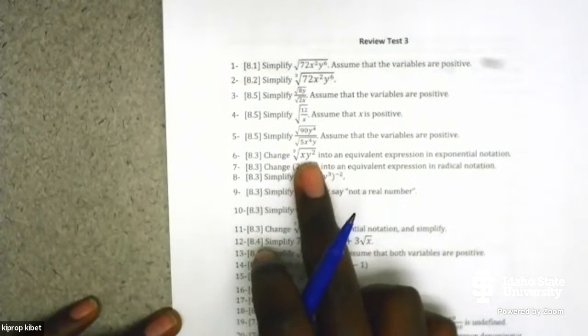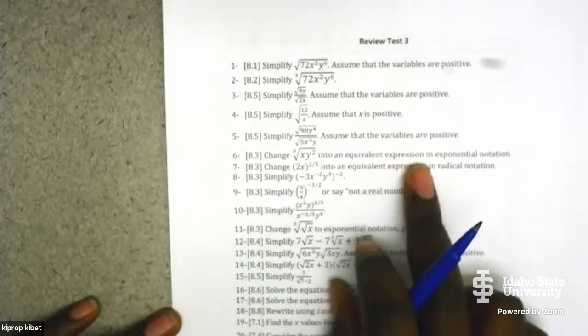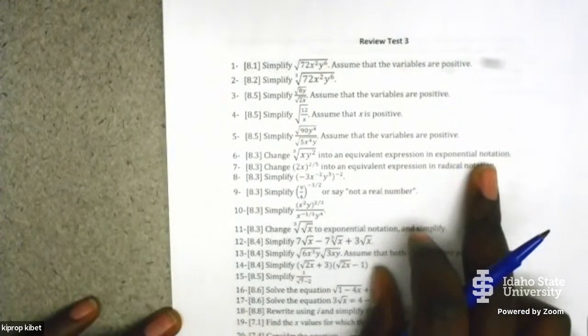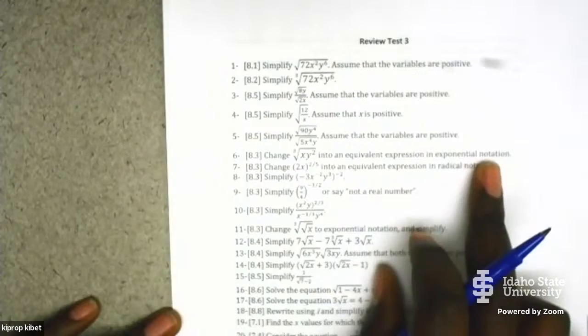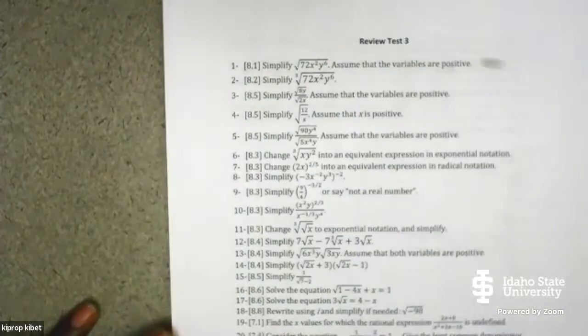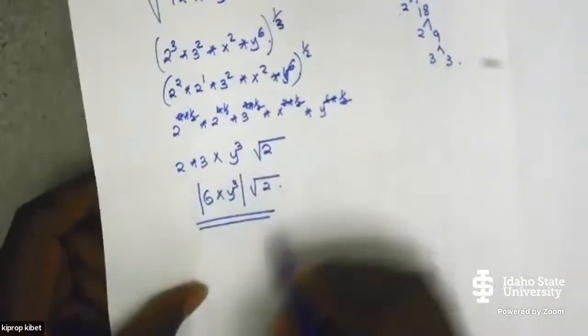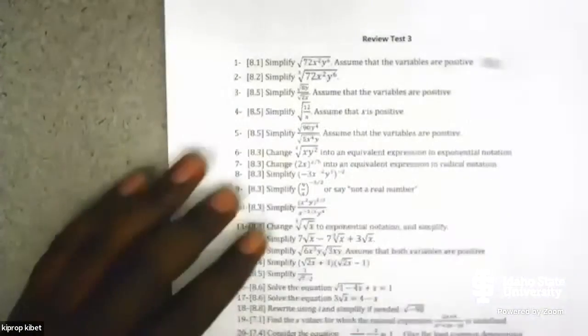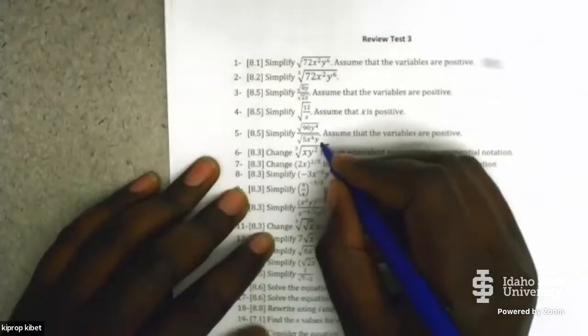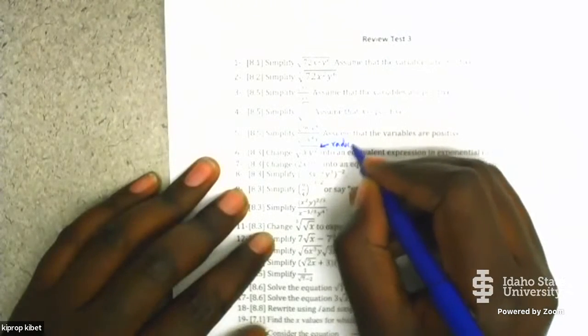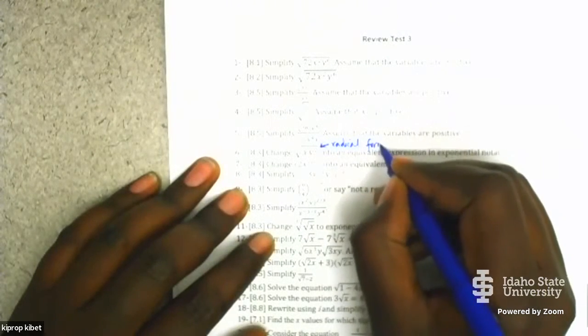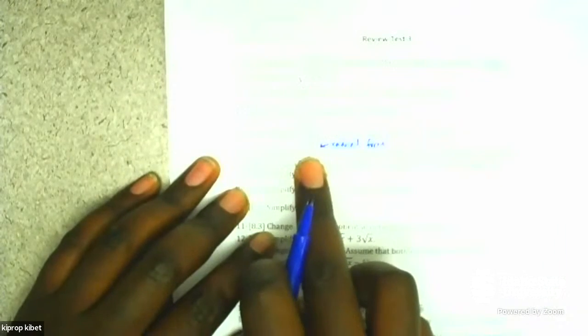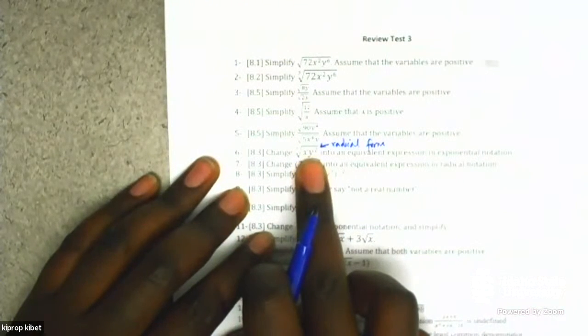Change this one into an equivalent expression in exponential form. So how will you change that one into exponential form? If you are given the cube root of this, which is in radical form, how will you write it in exponential form?